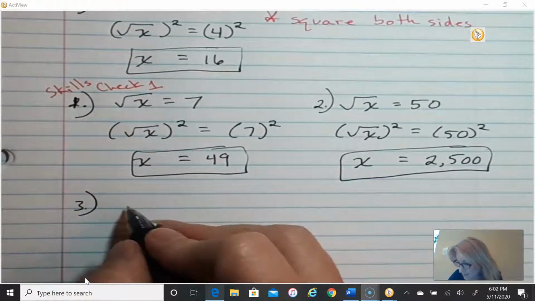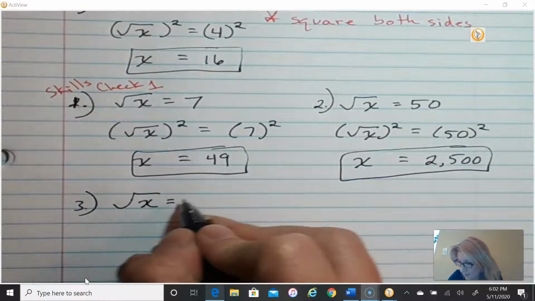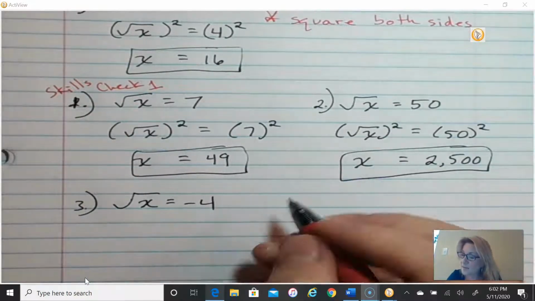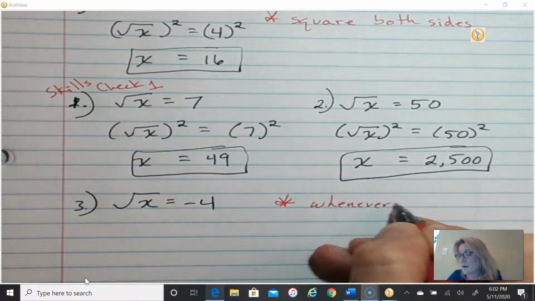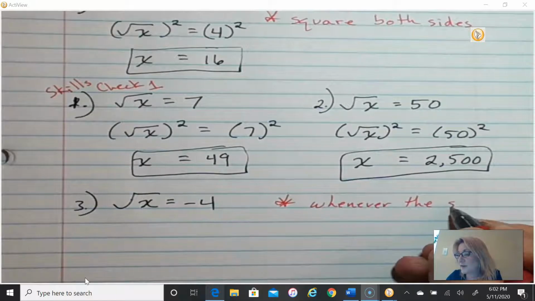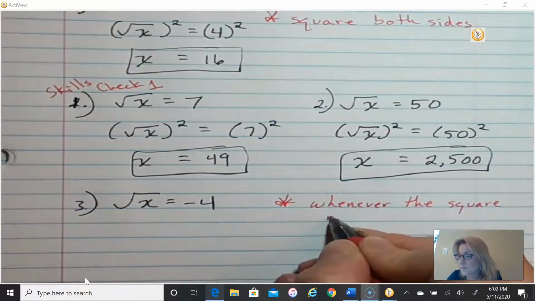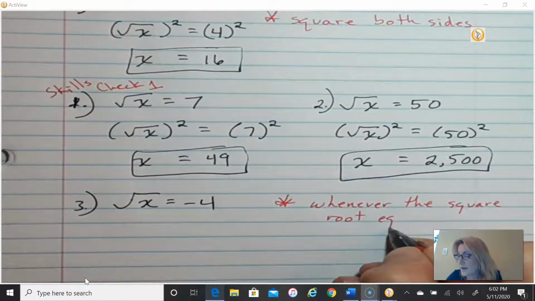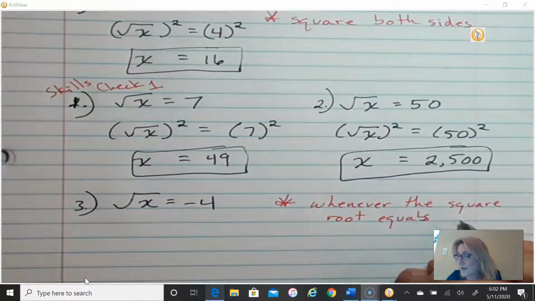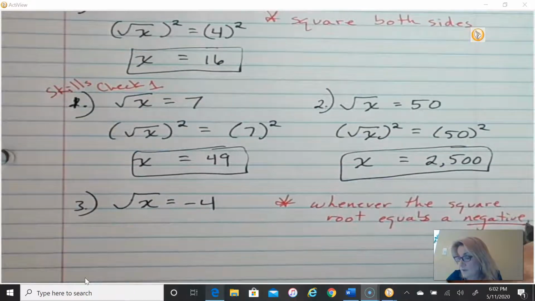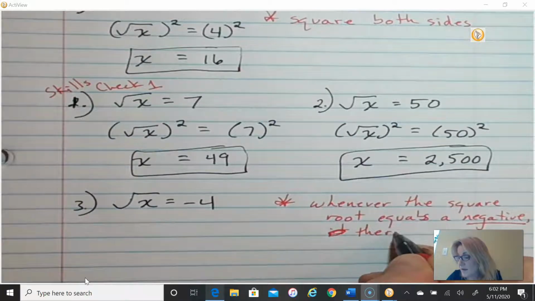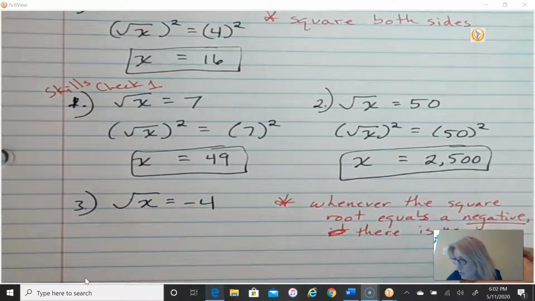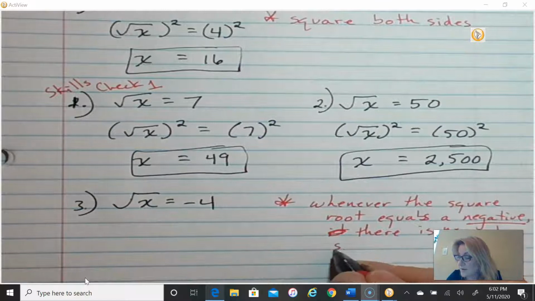Now, 3 is a little different, and here I can give you some answers. Whenever the square root equals a negative, there is no real solution.